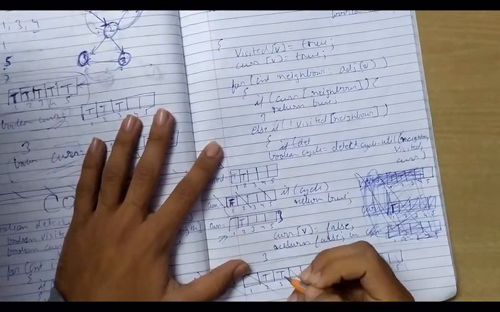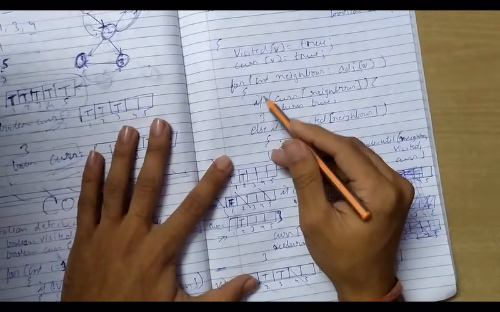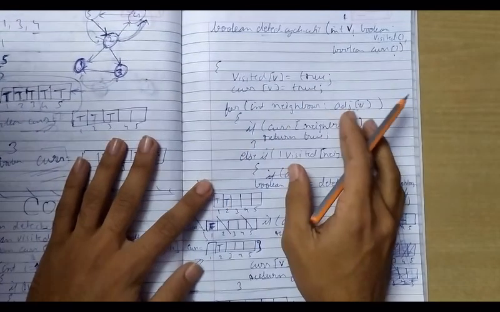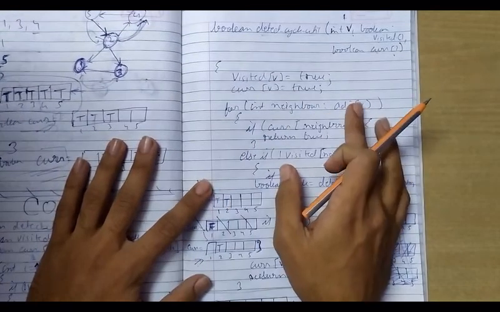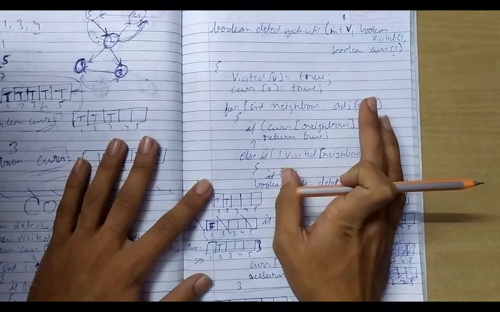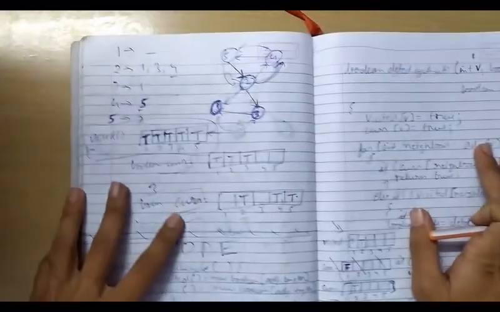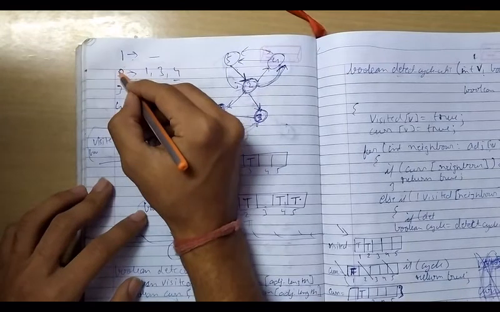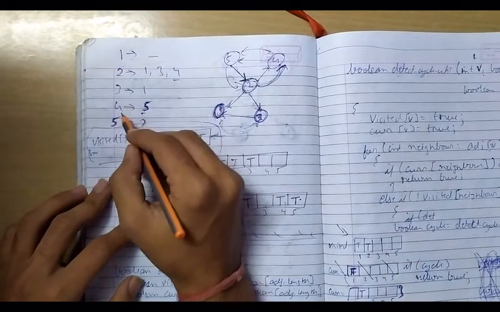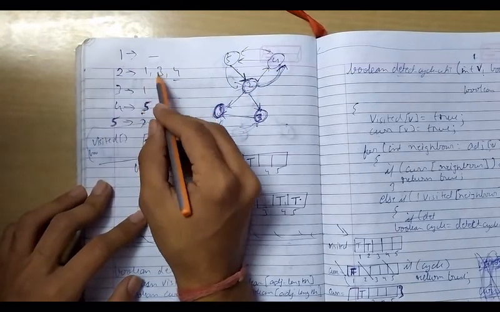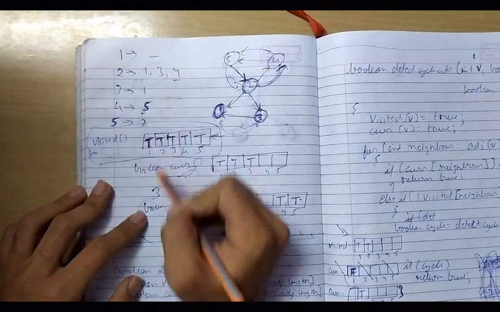Then we will see whether there is any neighbor of 2 in our adjacency list. Yes, there exist neighbors of 2, which are 1, 3 and 4.